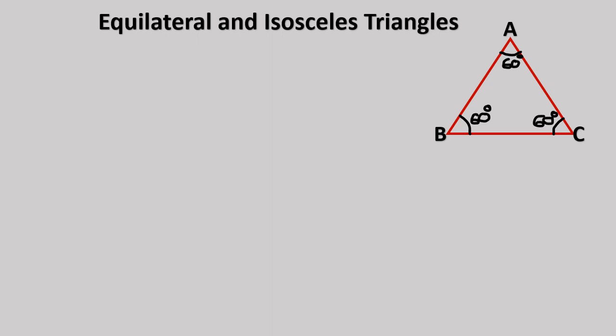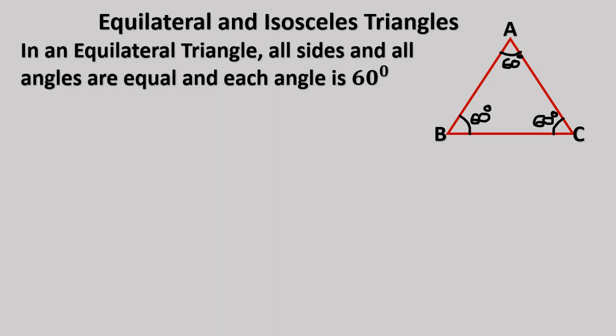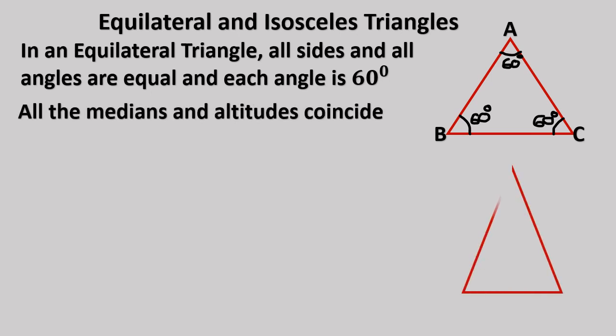All are 60 degrees. And in an equilateral triangle, all sides and all angles are equal, each angle 60 degrees, and all the medians and altitudes coincide. Now let us see about the isosceles triangle. In an isosceles triangle, one of the median and altitude coincide.